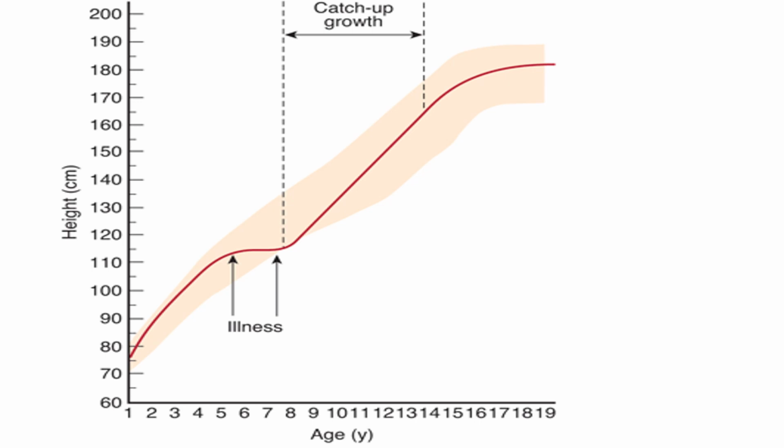Catch-up growth. Following an illness or starvation during childhood, there is a period of catch-up growth, during which the growth rate is greater than normal. You can see this period.